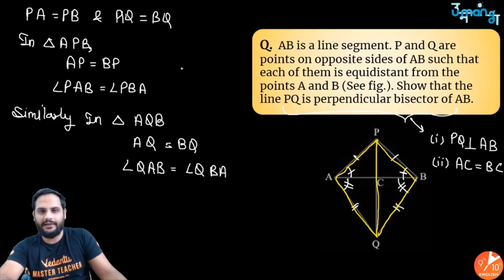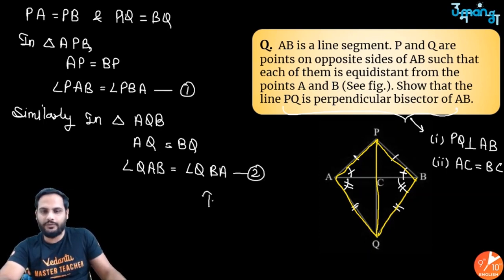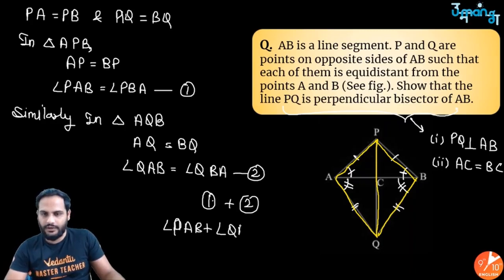if I add these two equations, equation 1 and equation 2, the equation will remain the same. So angle PAB plus angle QAB is equal to, adding the LHS and the RHS, angle PBA plus angle QBA.